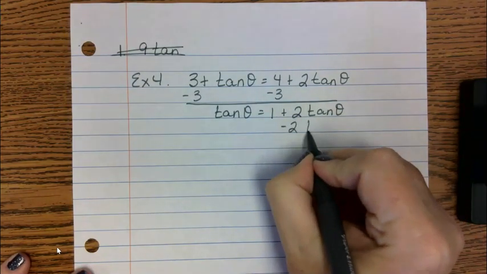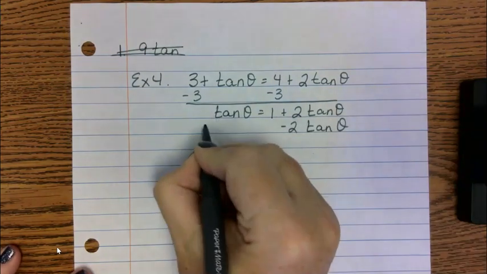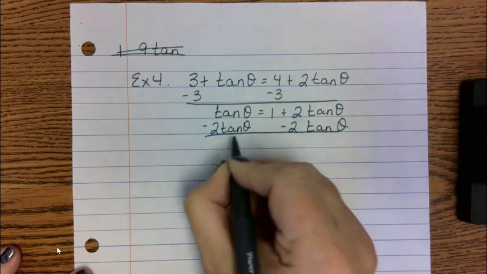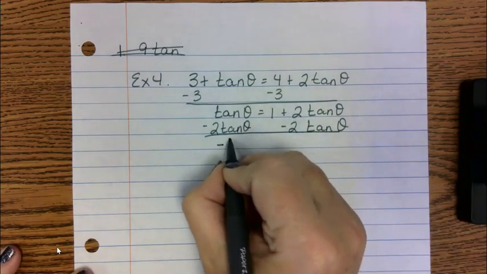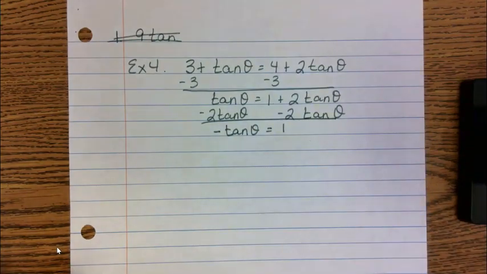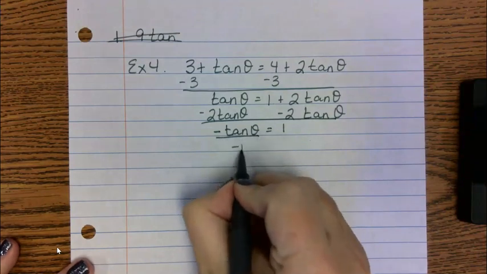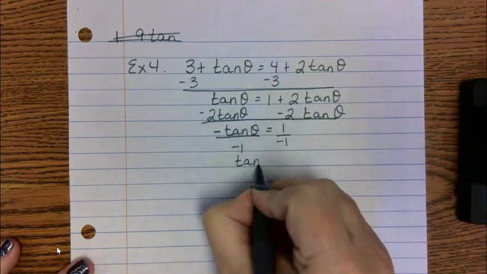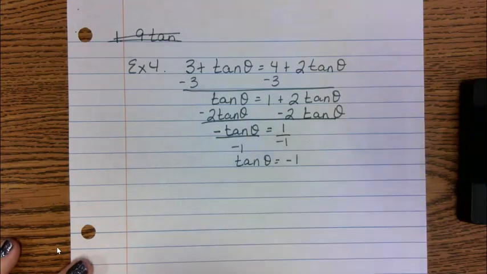Now we're going to subtract 2 tangent theta over, and I get negative tangent theta equals 1. Before we start anything, we've got to get rid of that negative. So tangent theta equals negative 1.